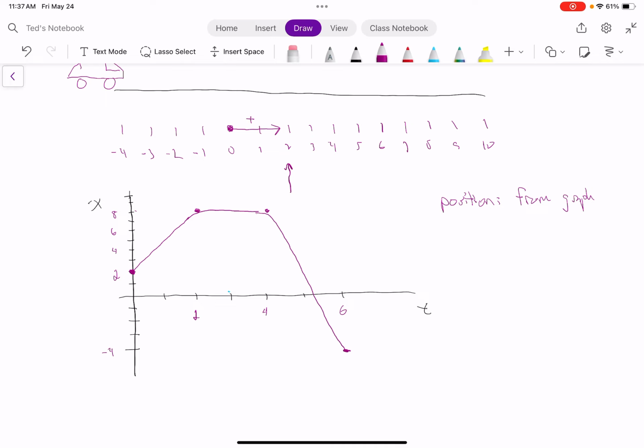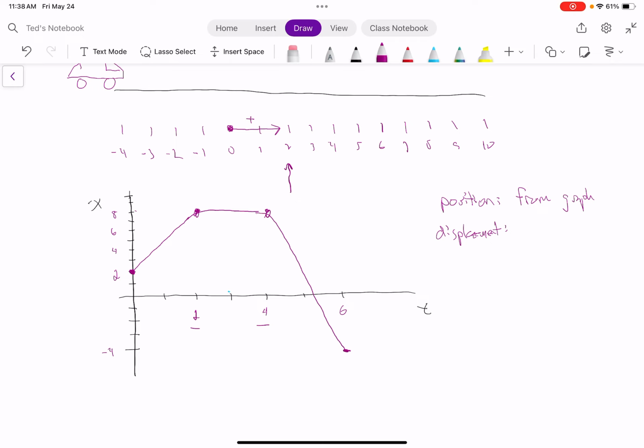Okay, what about displacement? Now, displacement requires a starting time and a stopping time. So for example, if I wanted to know the displacement from 2 seconds to 4 seconds, I'd say, okay, well, that means that this is my initial and this is my final, and the displacement would be 0 because the final position minus the initial position is 0.